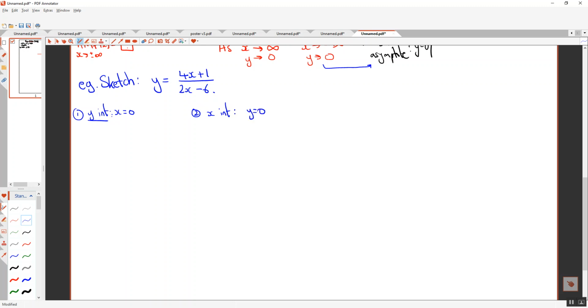That's when y is equal to 0. Then do for me your vertical asymptote. And then we'll do the horizontal one together, okay? And sketch, or put in all the information that you have. You can do the first 3 bits, okay? Yes or no? Yeah. Okay.